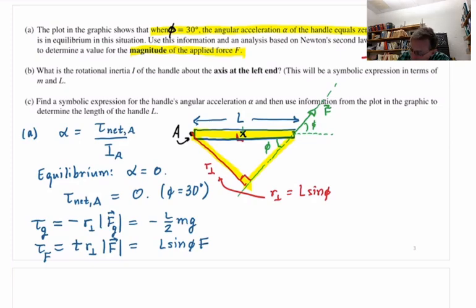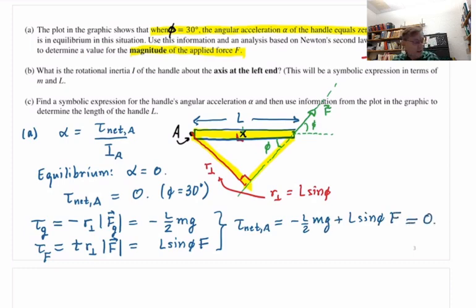So now what I'll do is I'll get the symbolic expression for the net torque about axis A. Just add these two symbolic results. Negative L over 2 mg plus L sine phi F. But use the fact that I already argued that the net torque about axis A must equal 0.